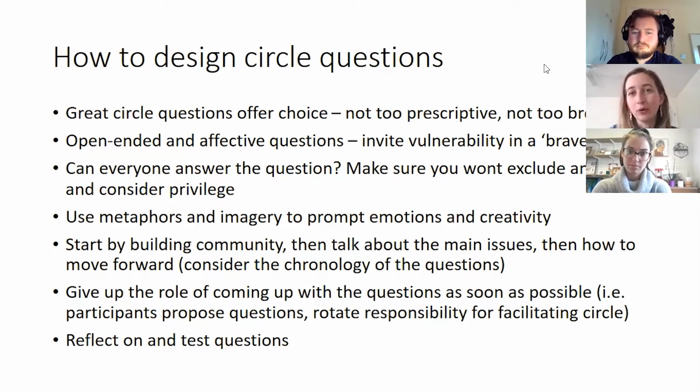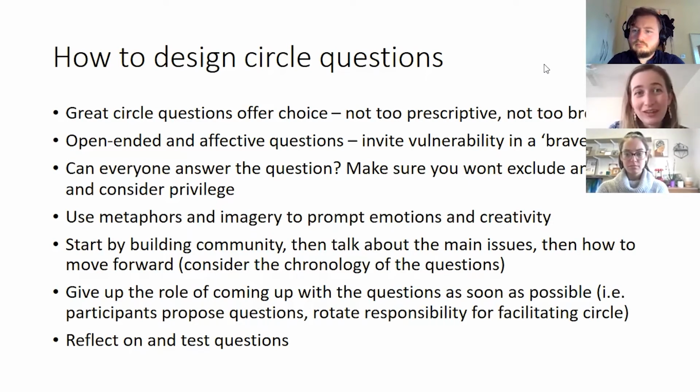So is it course content that you're wanting to reflect on more deeply? Is it a dialogue that needs to happen in the class? So moving into the main issues, and then how to move forward. So what comes next? What's next from this? This chronology of those questions is going to vary depending on the overall purpose of the circle, but just being really mindful in your design process, when there are multiple circle rounds, of how am I scaffolding those questions on each other.